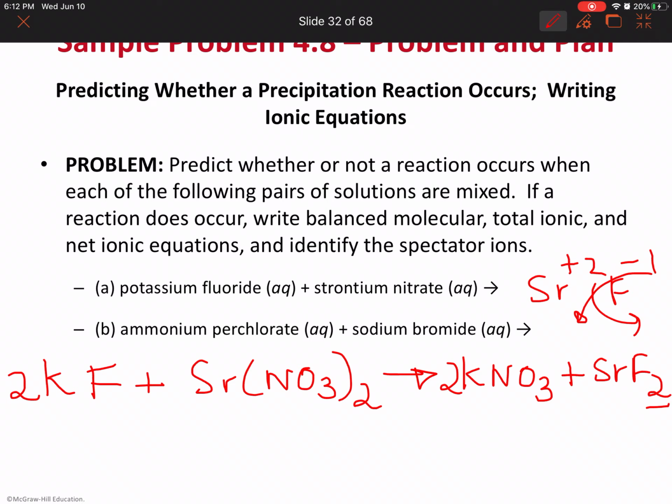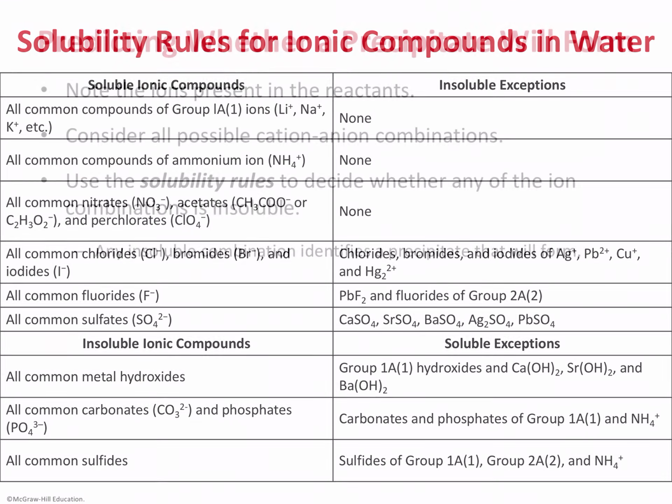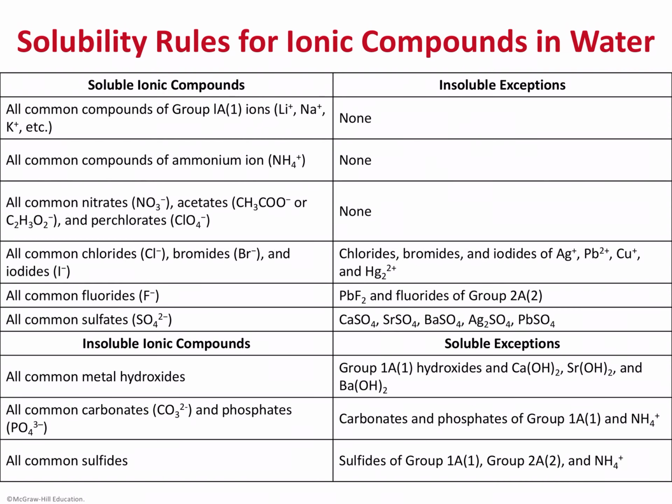And then we need to know whether any of these reactants or products are solids. So potassium fluoride. You can refer to the solubility chart that I showed you earlier. If you refer to that chart over here, this is how you're going to look at it. All common compounds of group 1 ions like lithium, sodium, potassium, they are all soluble ionic compounds. So then potassium fluoride would be soluble in water.